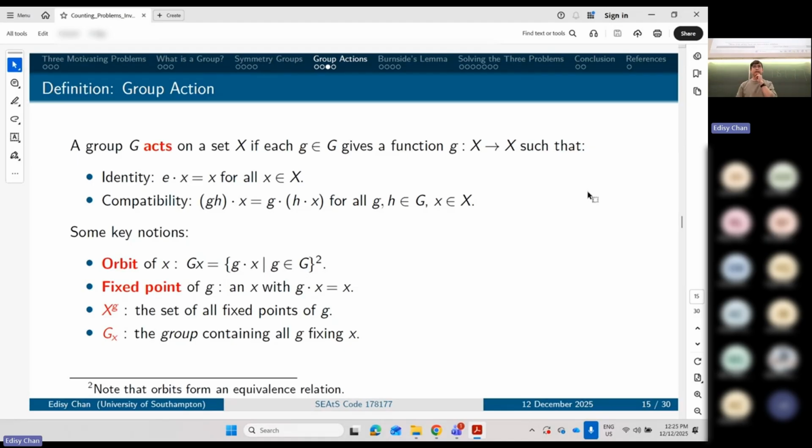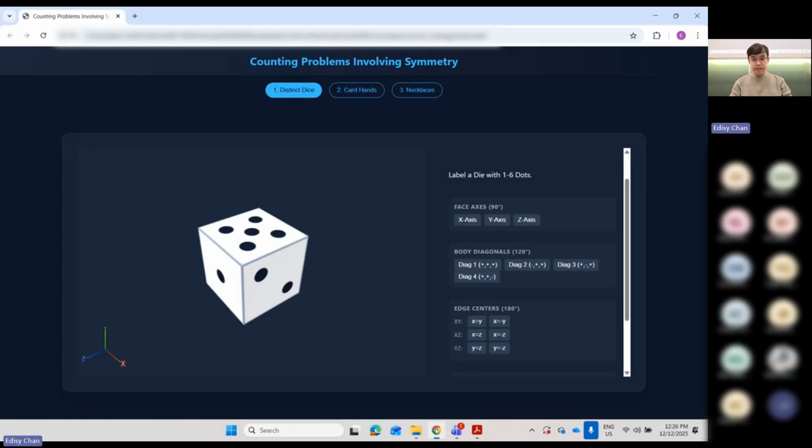Compatibility means whenever you do one thing there, say I rotate it by 90 degrees, and then we keep going, it will be the same as if you do that operation in the group first, and then apply it on the set. I can do it one by one: the x-axis rotation once, and then the y-axis rotation.